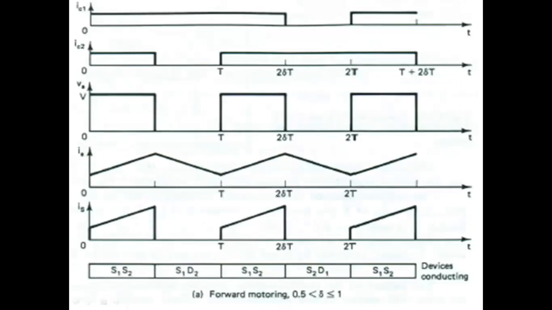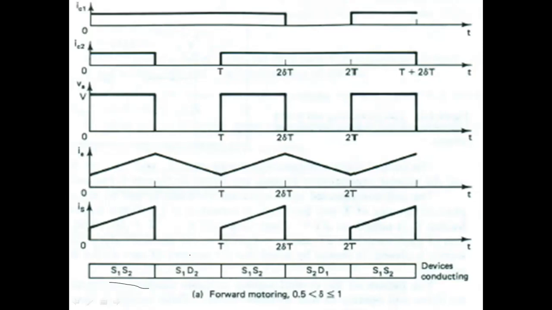for delta from 0.5 to 1, S1 and S2 cannot be opened simultaneously.